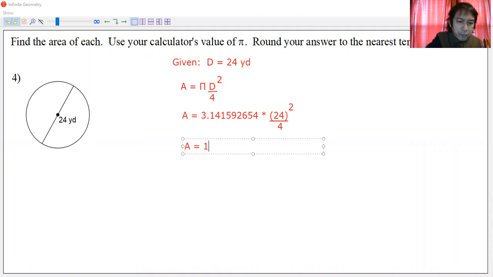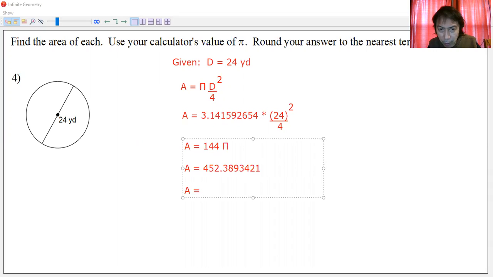It's 144 pi, which is also equivalent to 452.3893421, and rounded to the nearest tenth, this will be 452.4.